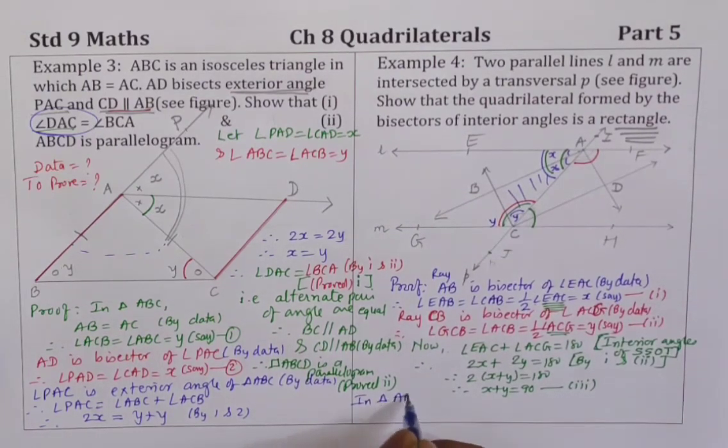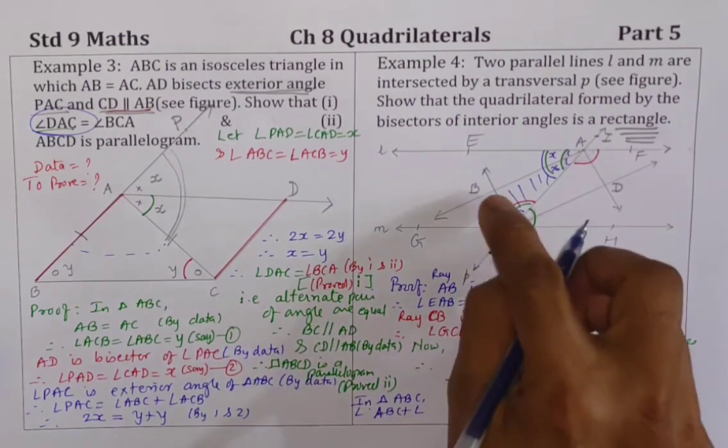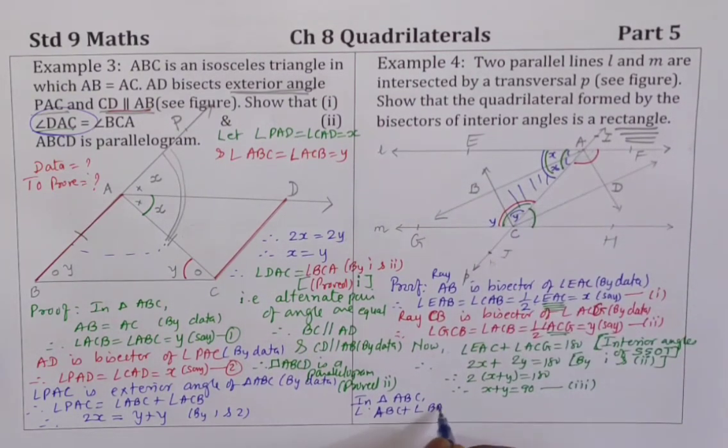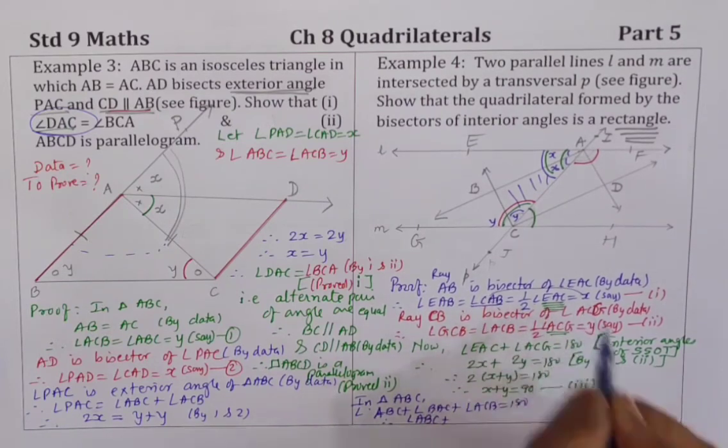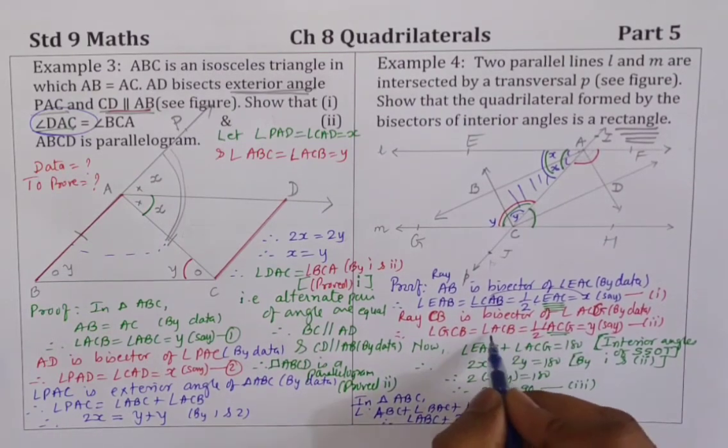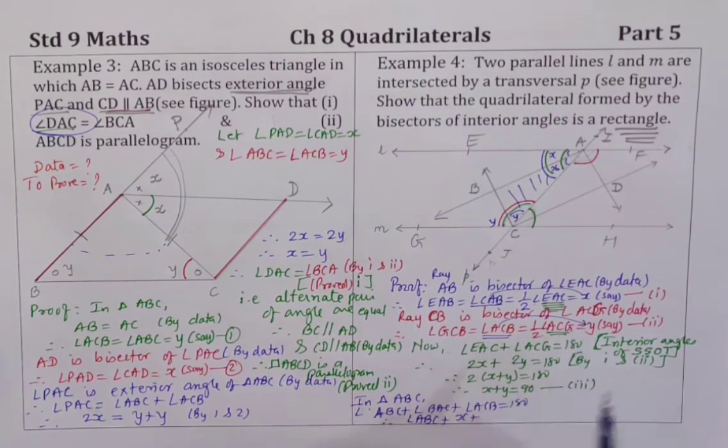In triangle ABC, angle ABC plus angle BAC plus angle ACB is equal to 180. Therefore, एंगल ABC प्लस BAC, BAC is x प्लस ACB, ACB is y is equal to 180.